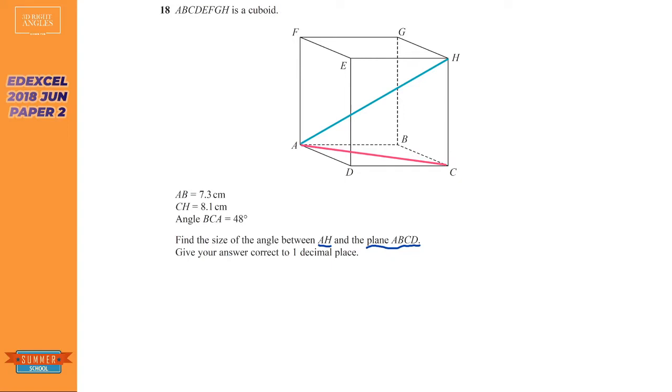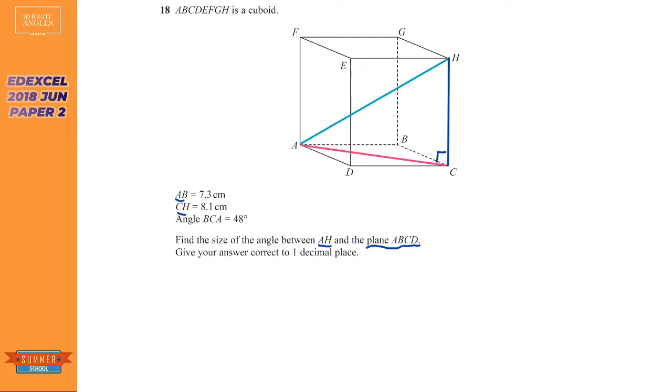If you see that, that now makes a right angled triangle. So if I show the last length of that right angled triangle and put my right angle in. Now the problem is I don't have the length of line AC, because we've been given AB and CH, so we've got to work that out.